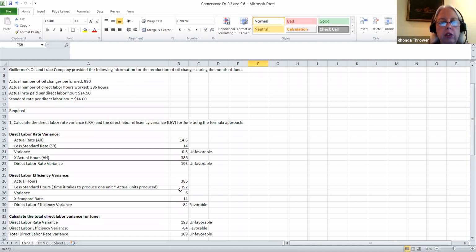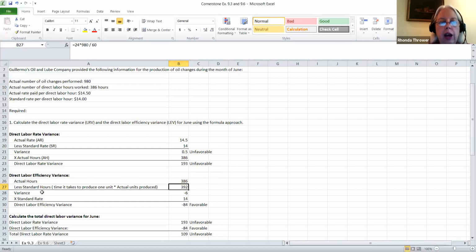That will give us our standard hours. So 24 minutes times 980 would give you the total minutes, but then you have to divide it by 60 minutes to get the hours.